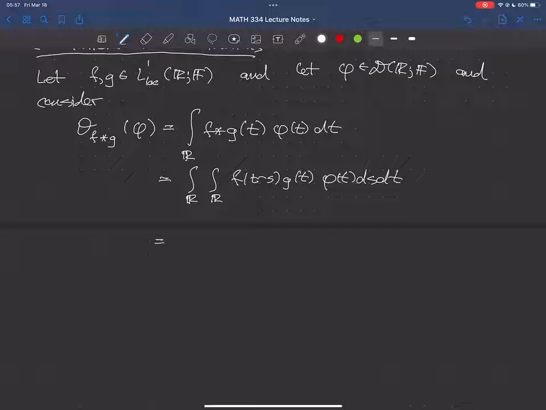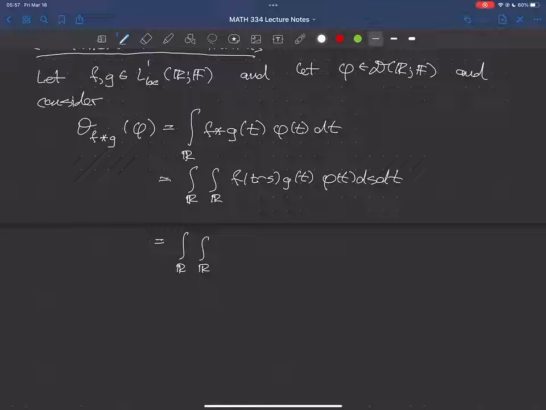Then you can just make a change of variable. Call this tau, and do the resulting change of variable. And what you get is the integral over R. When you do that, you can also change the order of integration by Fubini's theorem, which is a theorem about changing the order of integration.